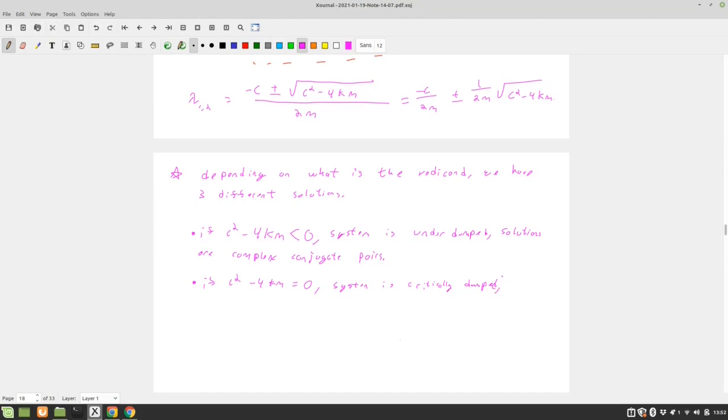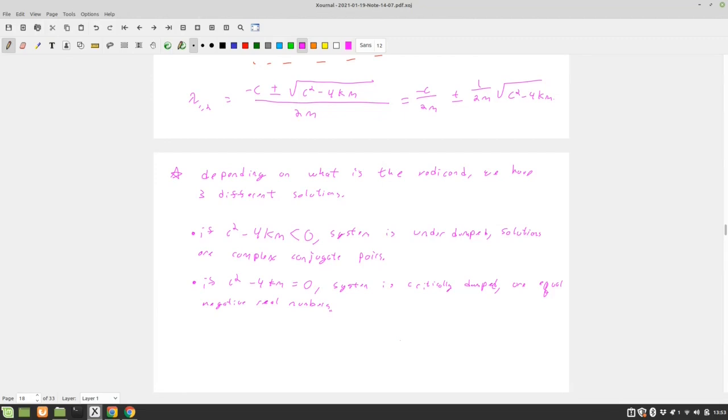And the solutions are equal negative real numbers. That makes sense. If we look at this, the square root of 0 is 0. This whole thing becomes 0, plus or minus 0. We're just left with 2c over 2m. Mass always has to be positive, so we're always going to have a negative value. Make sense?